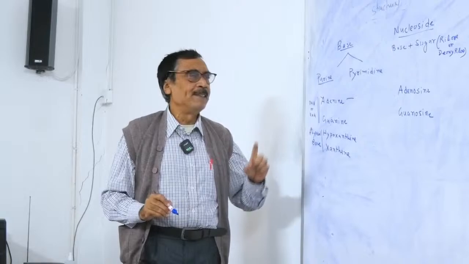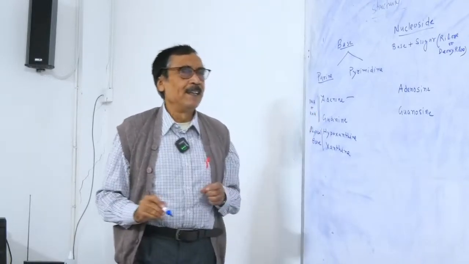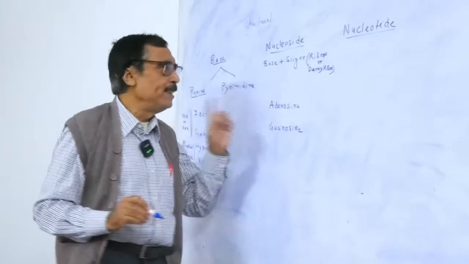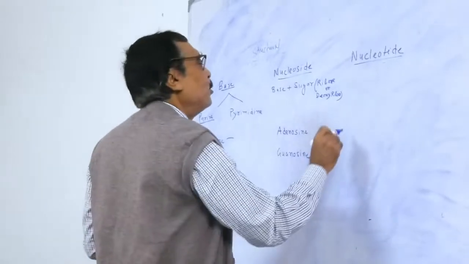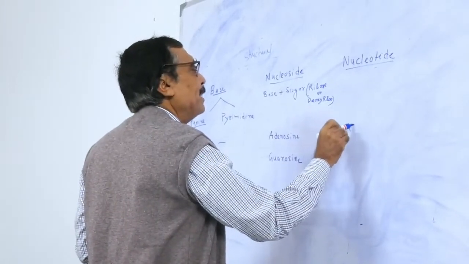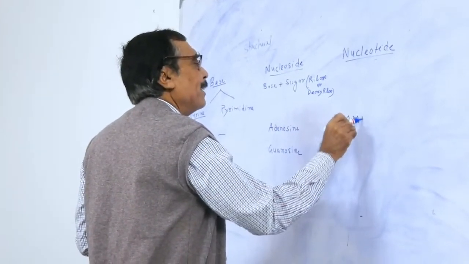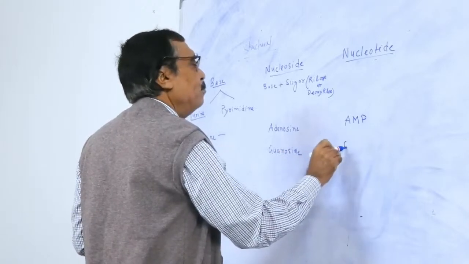When guanine is the base, guanosine is the nucleoside. And when adenosine is the nucleoside, the nucleotide will be AMP, adenosine monophosphate, and GMP.